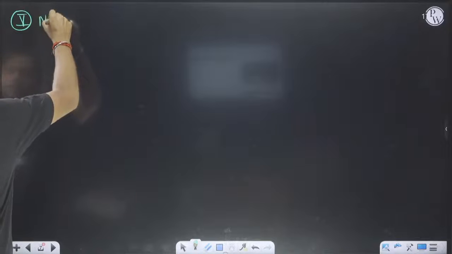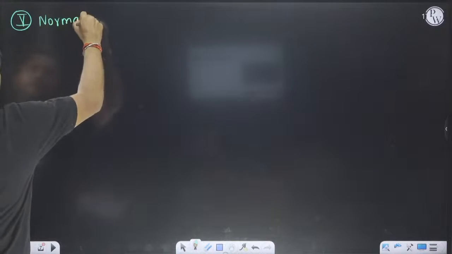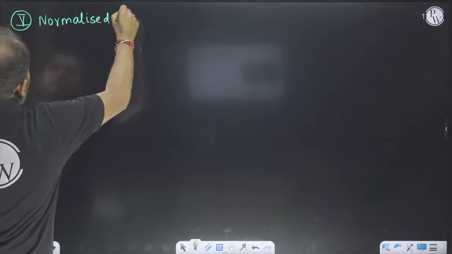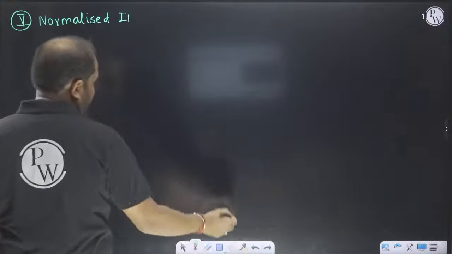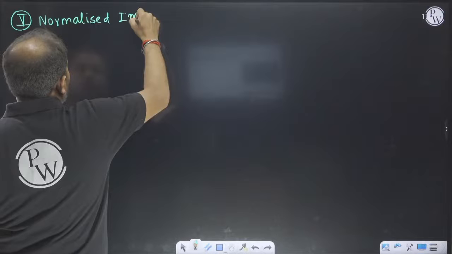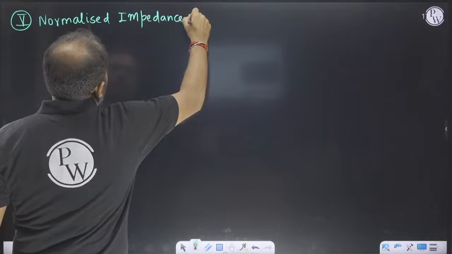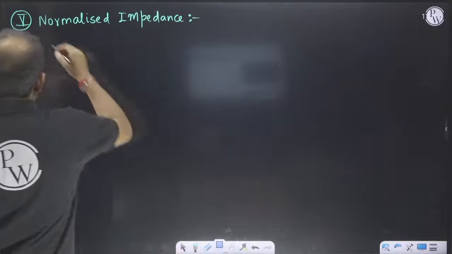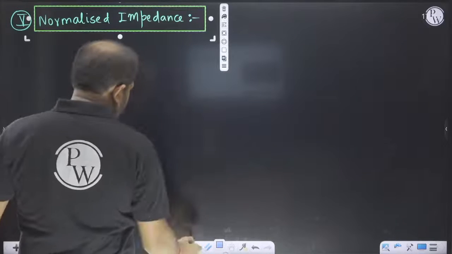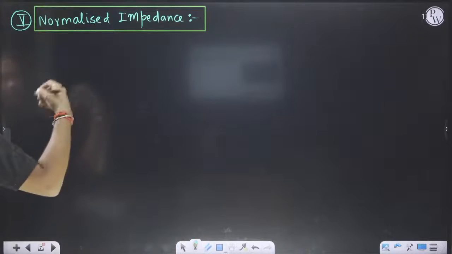Fifth, normalized impedance. They may ask in interviews why we calculate normalized impedance. It is very important for interviews also. There is a point: first of all, the range of ZL.